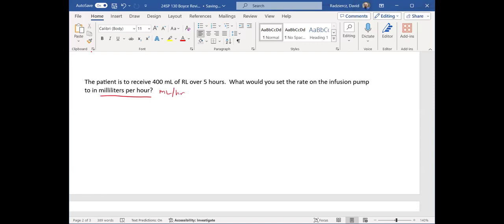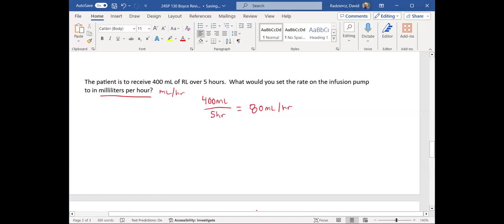The reason this question typically gets missed is because students are looking for some sort of math to do, but there is no math to do other than reduce. So I'm going to take my volume over my time, and then reduce 400 divided by 5, and I would set the infusion pump to 80 milliliters per hour.